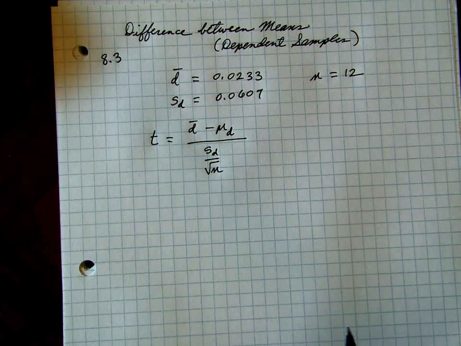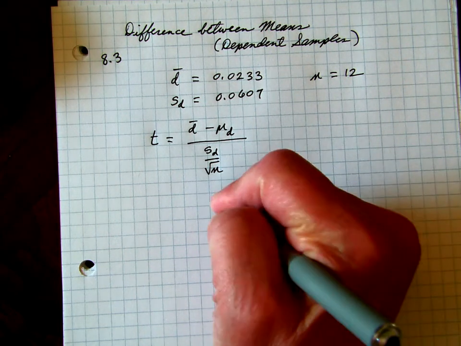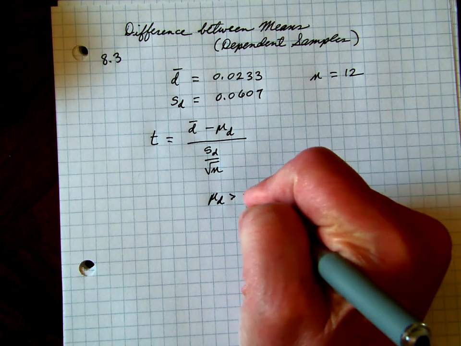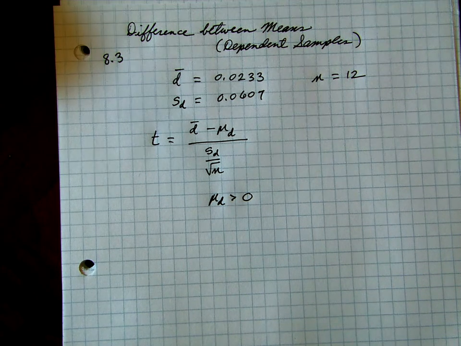Now let's recall what the claim is. The claim is that the athletes will do better. So that's basically saying that the population mean is going to be positive.